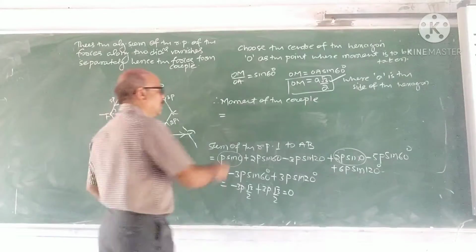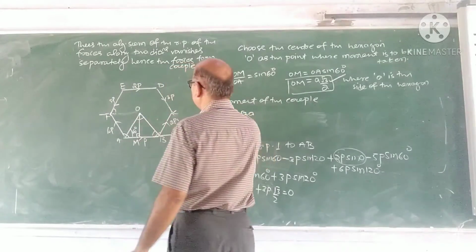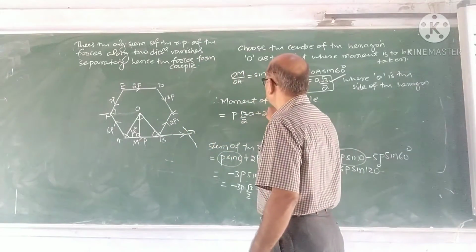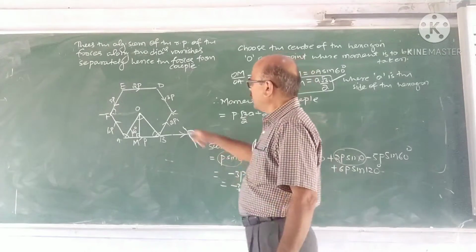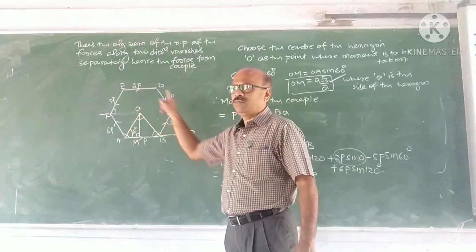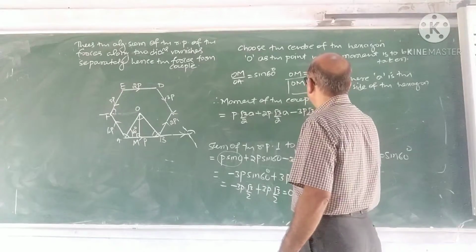So P into root 3 by 2 a. Second, this force also has positive moment: plus 2P root 3 by 2 a. But the moment of 3P about O is negative: minus 3P root 3 by 2 a.